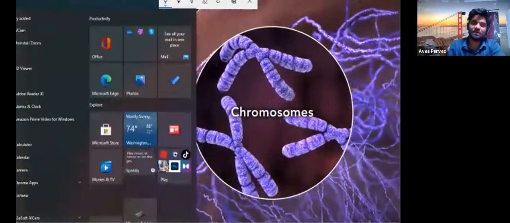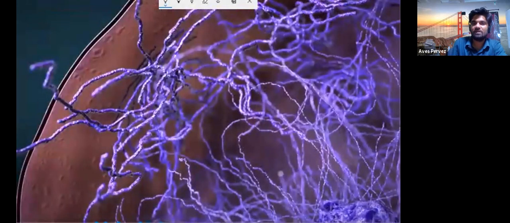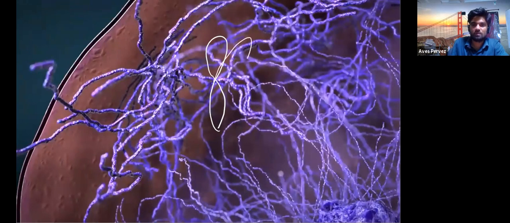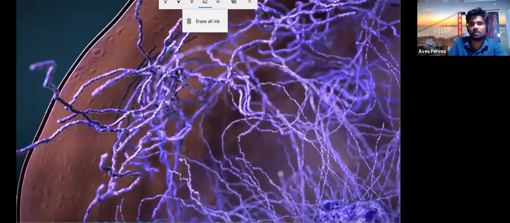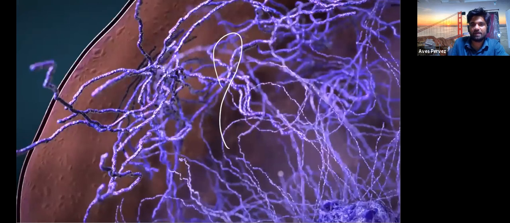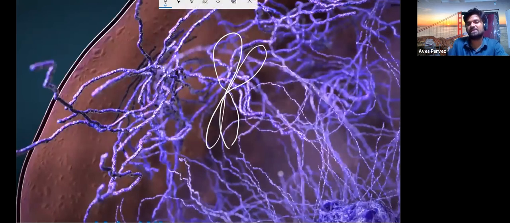So when the cell is going to divide, this whole genetic material gets condensed and forms the chromosomes, and these chromosomes divide when the cell divides. They actually get divided into two parts, or there are different methods of how the cell is copied.